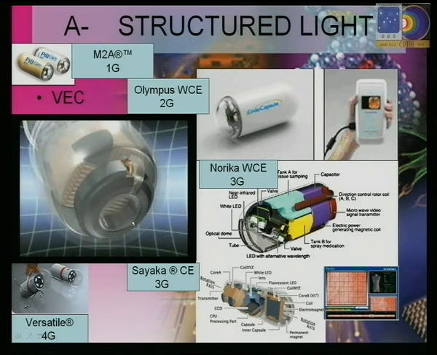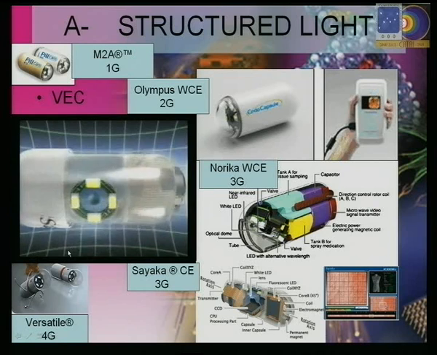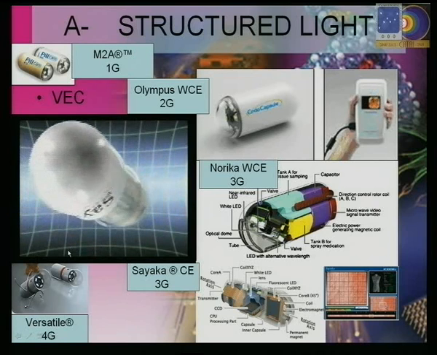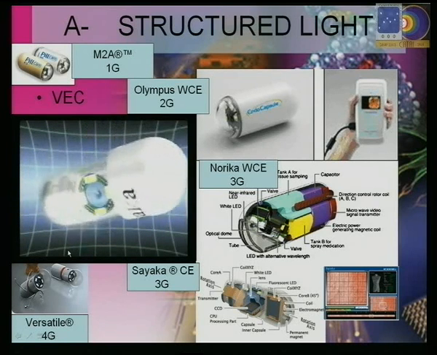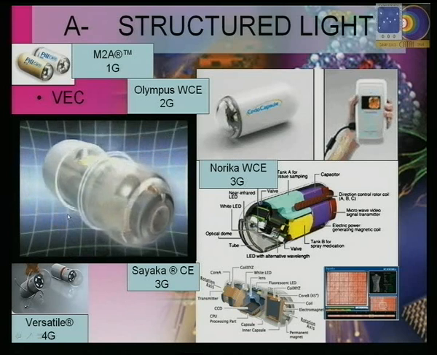It is rotating and discharging and moving the pill around and taking pictures from all over around. So they are not only tracking but also taking pictures from all over around. And these are the leads of different colors.